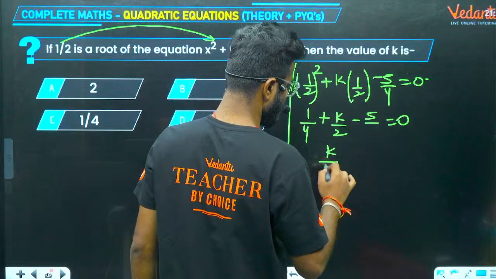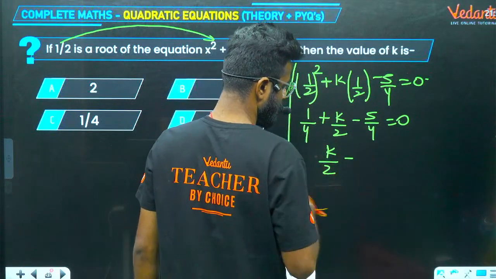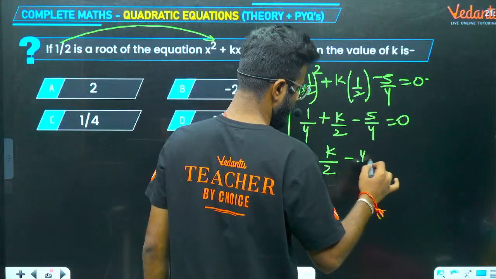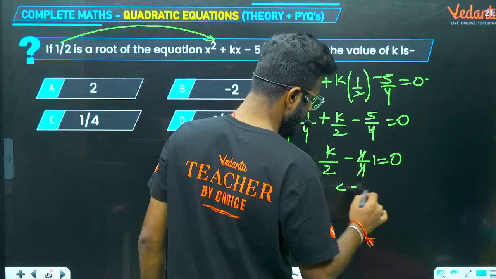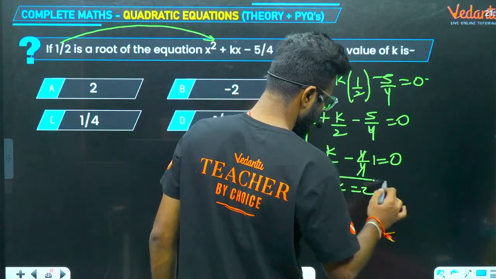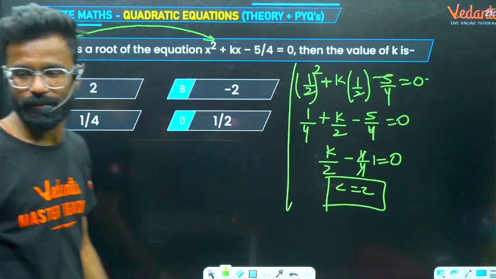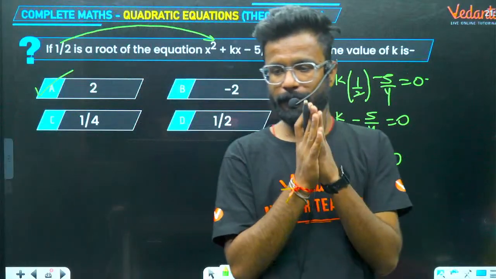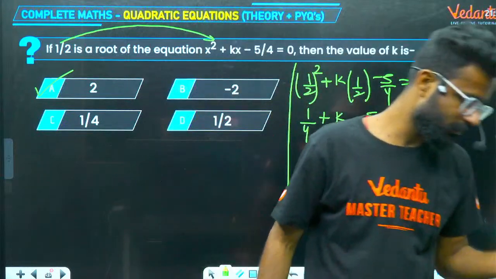So k by 2 minus 4 by 4, means 1. K is equal to 2. Option A is correct. Very good. Very nice.